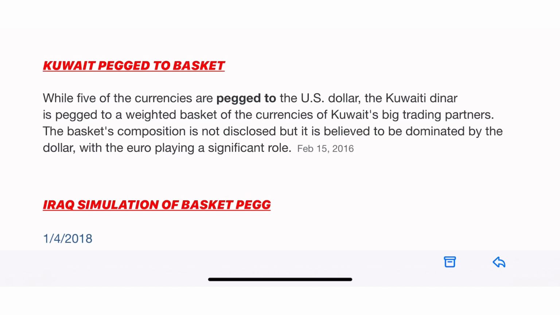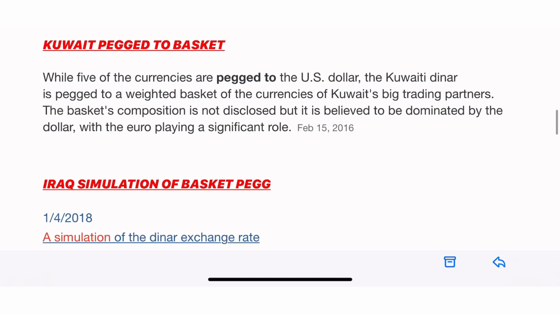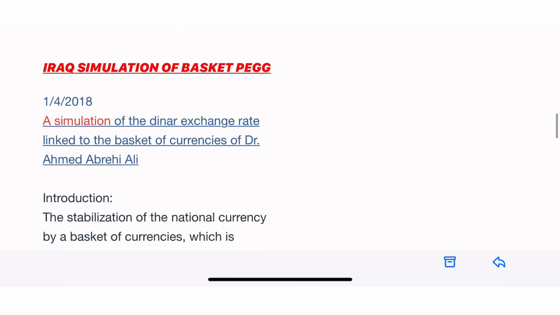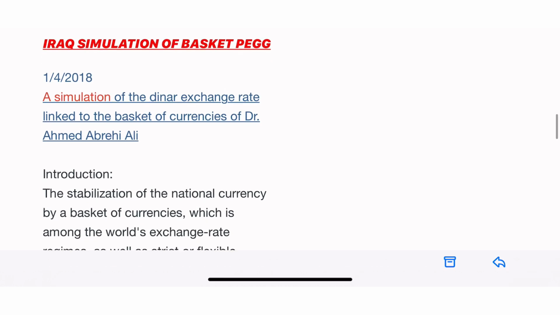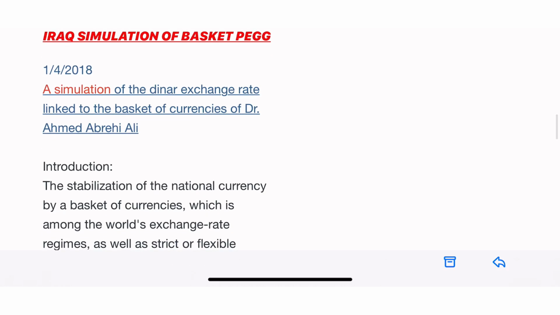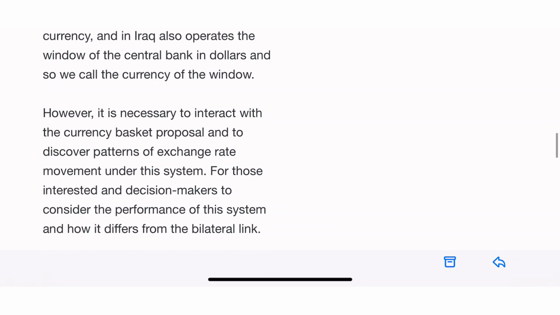It's not pegged to the U.S. dollar today. Back in January of 2018, the Iraq Central Bank performed a virtual test and they virtually pegged the Iraq dinar to a currency assortment basket. And again, that was just last year in 18, very close to where we stand time frame wise right now.